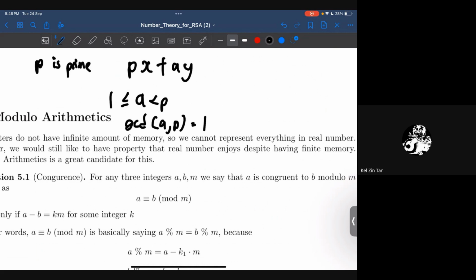Then for all possible a, we can always have a solution of x and y such that this identity holds, which is very useful in modular arithmetic afterwards.